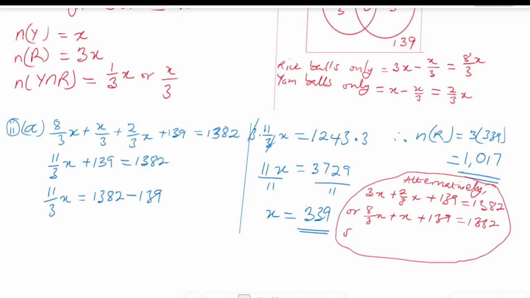Or better still, we do the whole of rice, 3x, plus the whole of yam, x, then minus the intersection, which is x over 3, plus the complement, which is 139, equals 1382. Any of these three will give us the same x we have here. So whichever works for you should be fine.